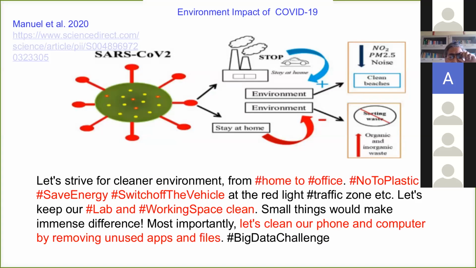As humans, we need to be a bit selfish. That selfishness means we could save energy, and switch off vehicles at red light traffic zones. We can make our labs and working spaces clean, and most importantly for the young generation, let's clean our phones as well, which have a lot of junk these days.